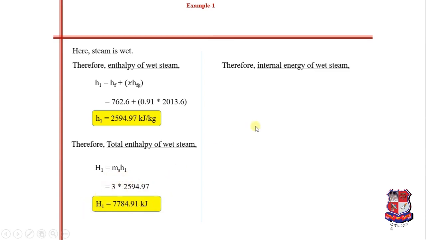Similarly, internal energy of wet steam. We know the equation of internal energy, U is equal to H minus PV. We are required to find the enthalpy of point 1 in TH plot. Okay, so U1 is equal to H1 minus P1 V1. We already found the enthalpy of point 1, that is 2594.97.